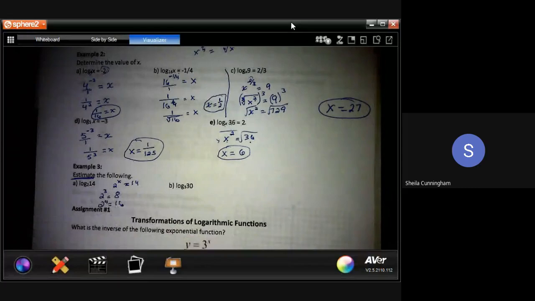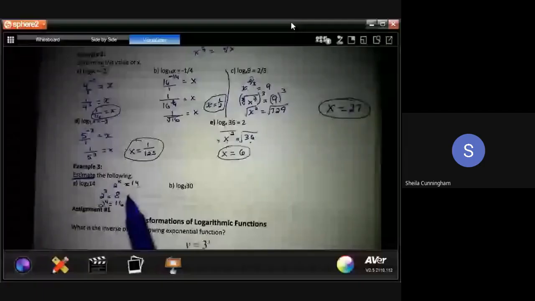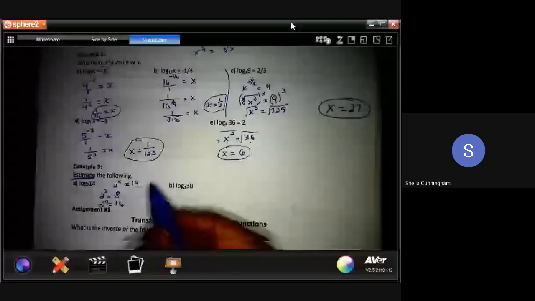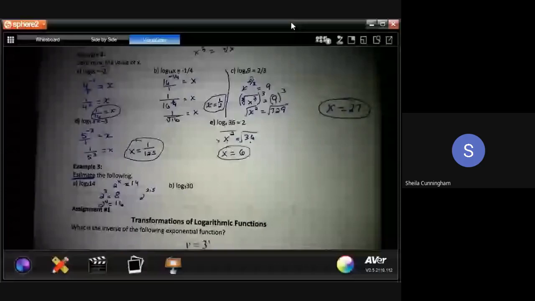If I look at 14, that's closer to 16. It's more than halfway to 16 from 8, right? So I've got to be 2 to the power of 3.5, and I think I'm going to have to be a little bit higher than 3.5. This is where the guesstimation comes into play, but you're being logical about it too.